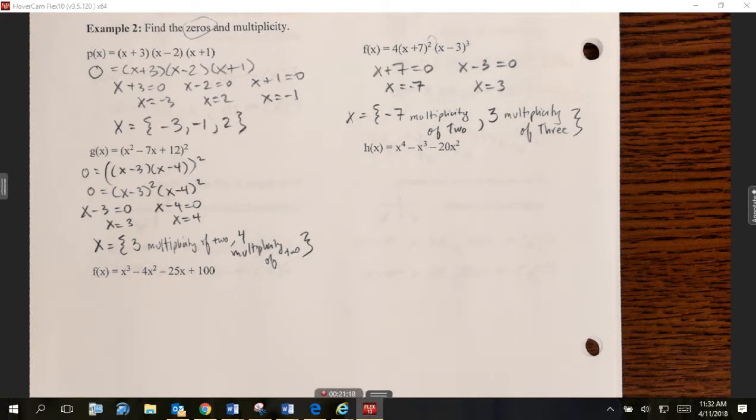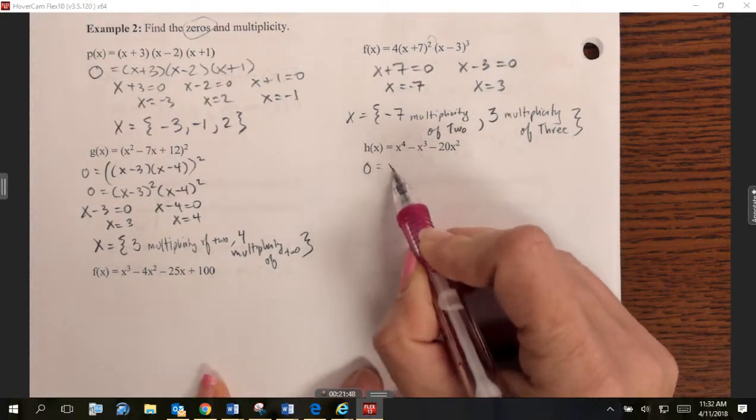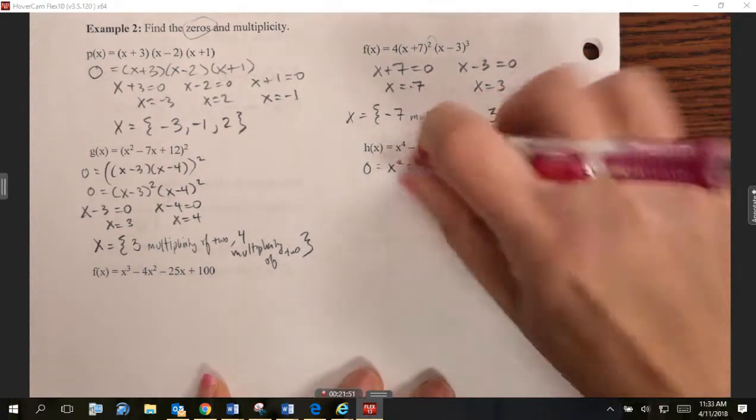All right, so factor the next one, the h of x. What's your first step of factoring? Is there a GCF? Take that out, you'll make it a lot easier to factor. What is our GCF? Right, x squared.